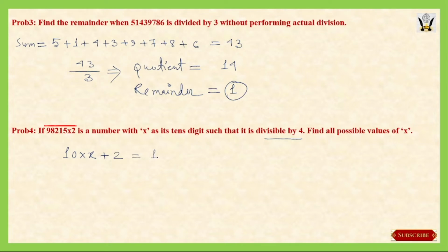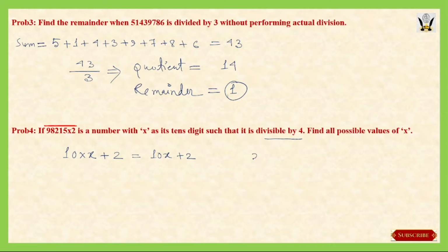So if we only consider these two digits, the value is 10x plus 2. If the whole number is divisible by 4, that means 10x plus 2 will be divisible by 4. Now we have to see what the possible values of x could be, so that 10x plus 2 will be completely divisible by 4.